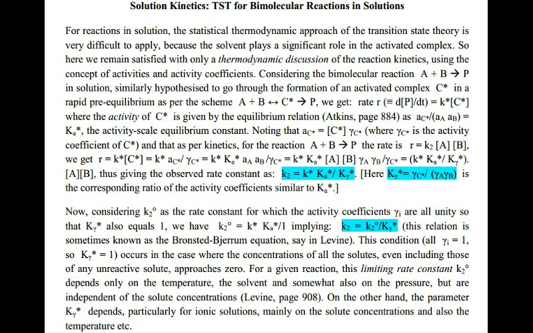As per the scheme, reactants A plus B give the C star, which is the activated complex. This C star is finally converted to the product P by a unimolecular process. The first process, A plus B giving the activated complex C star, is an equilibrium process.